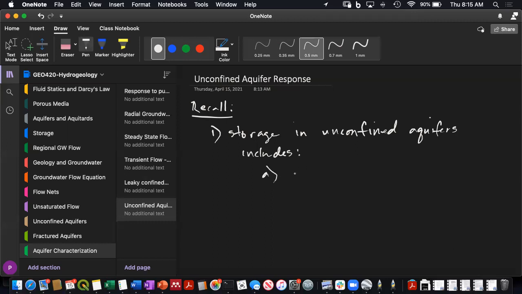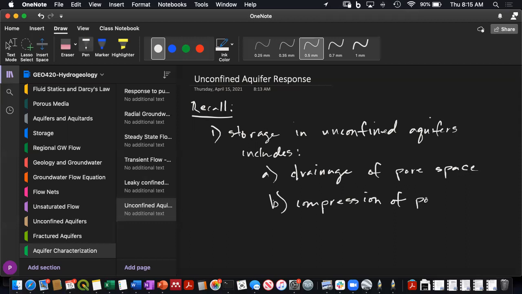One is that the largest mechanism is drainage of pore space. But it also has compression of porous media and expansion of water.